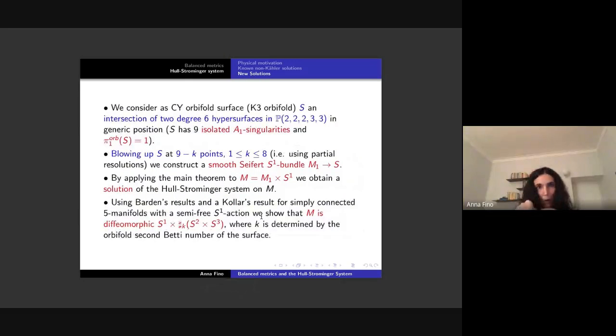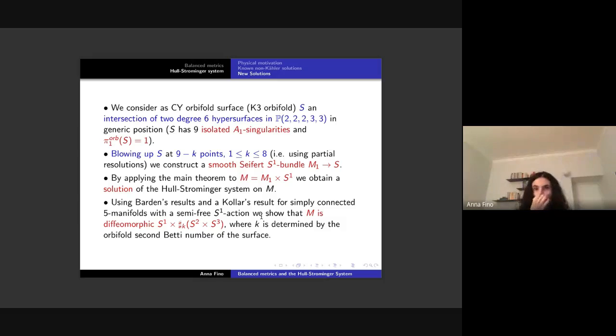And now I will say exactly what type of base we consider; it is very simple. We consider a Calabi-Yau orbifold surface, S, which is just given by the intersection of 2 degree 6 hypersurfaces in the weighted projective space P(2,2,2,3,3), in generic position.